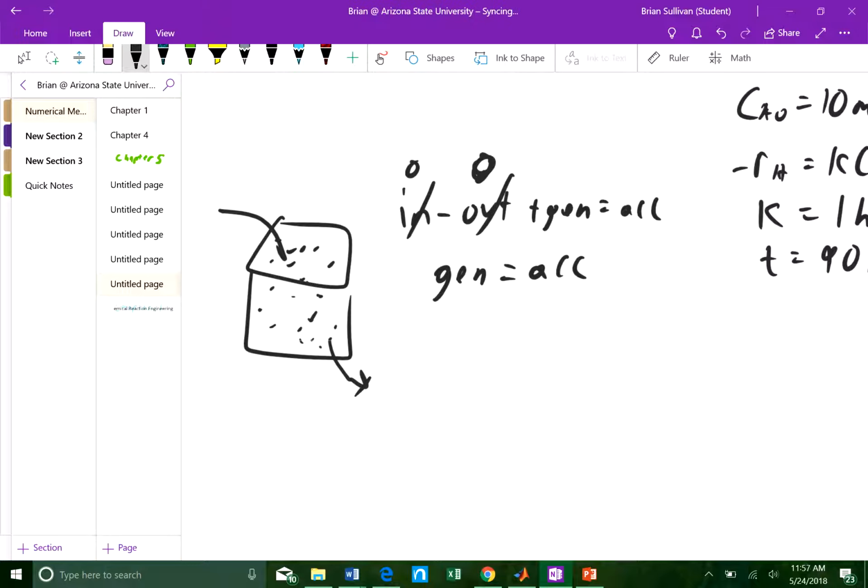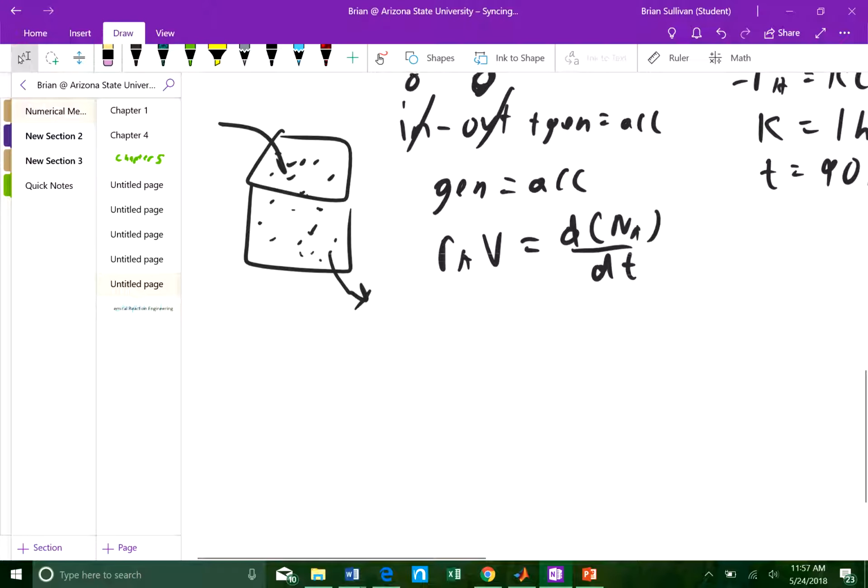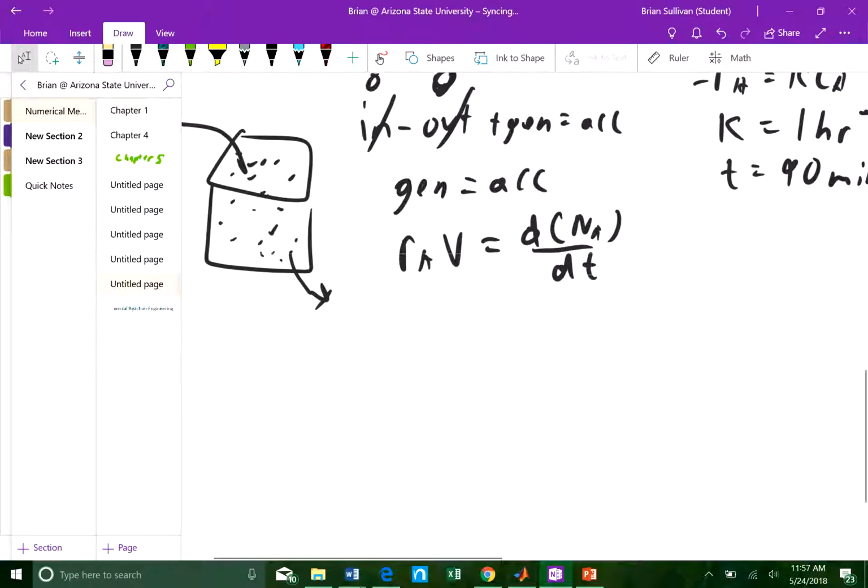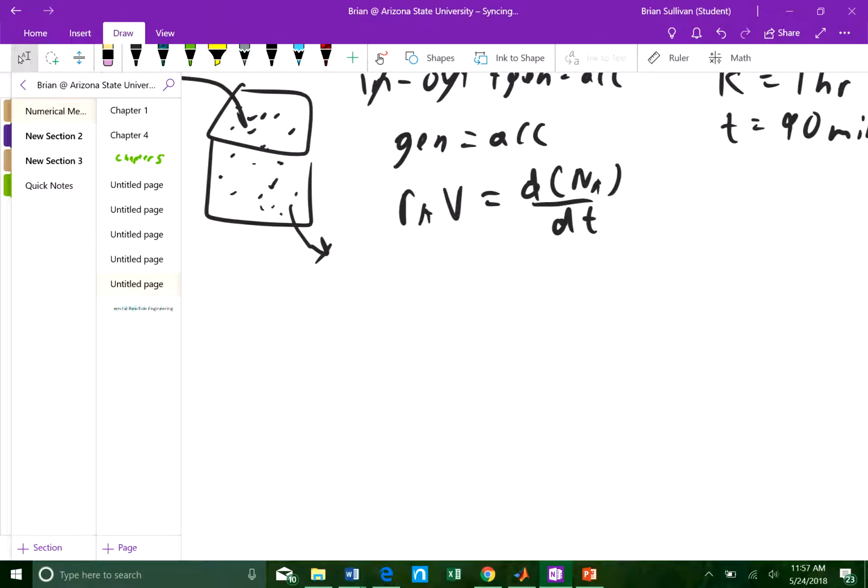Now what do we put in for our generation? It was a long time ago I did this in a video, but that's going to be the rate of reaction times V. And the accumulation term is going to be the derivative of the number of moles of A over the differential time. You can refer back to the first couple of videos I did on batch reactors where I discussed why this formula makes sense.